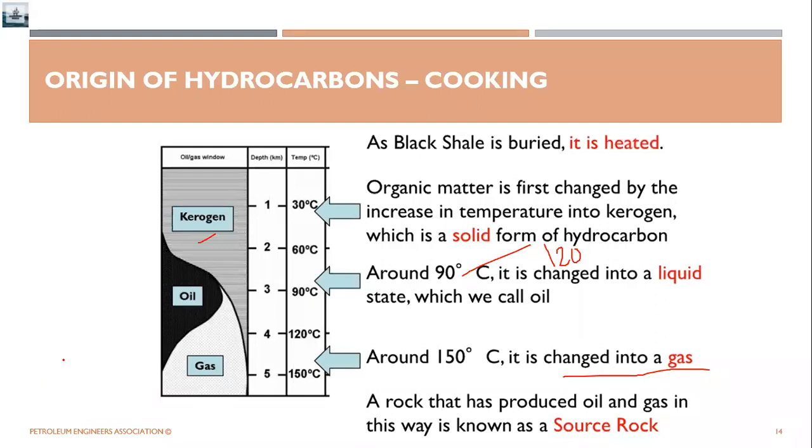In the petroleum system we have certain components, source rock being one of them. Then we have the reservoir rocks, then the migration that is happening, and then the cap rocks and the troughs. All together, they form the petroleum system.